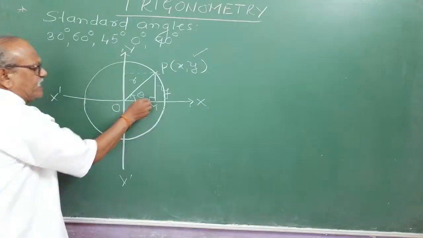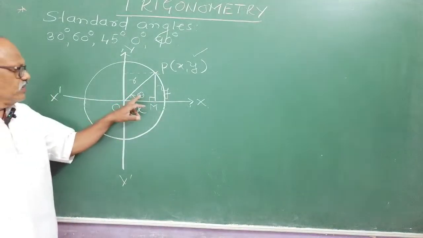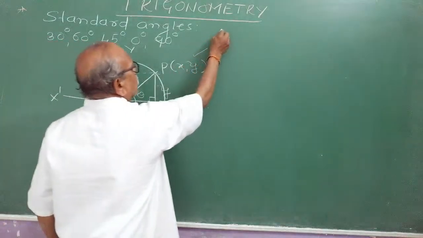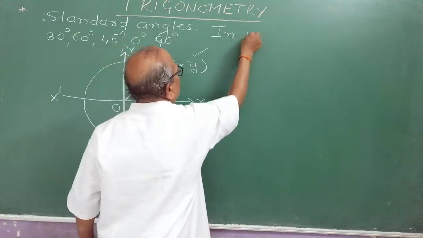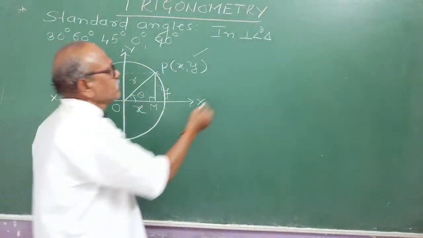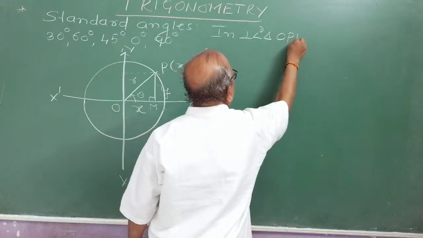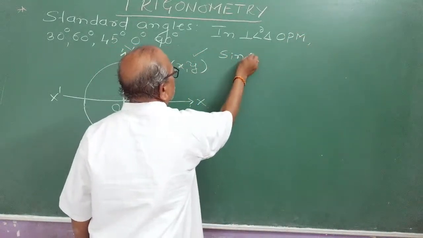Now it is a right angle triangle. You can write all trigonometric ratios. Sin theta, okay. In a right angle triangle OPM, go on writing all 6 trigonometric ratios.